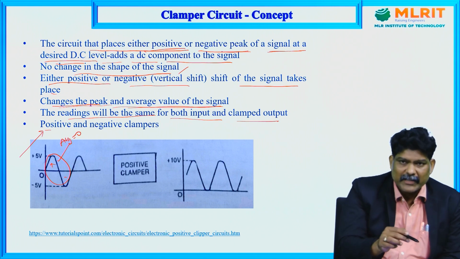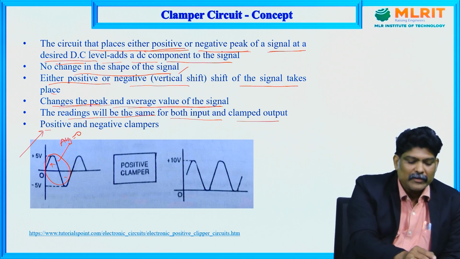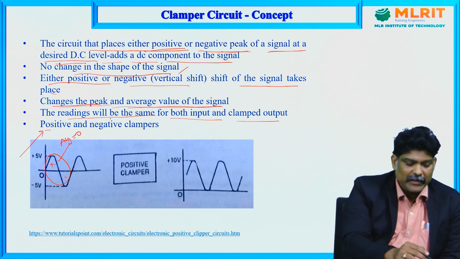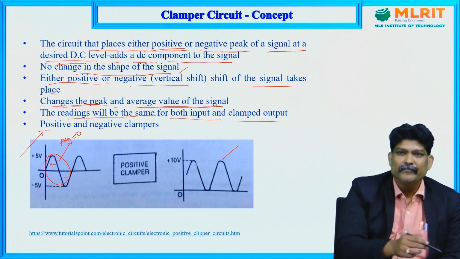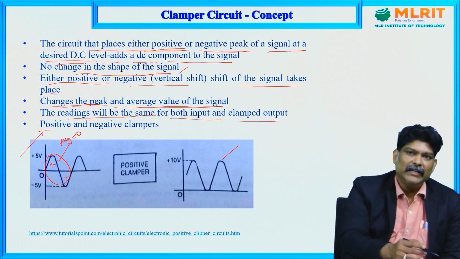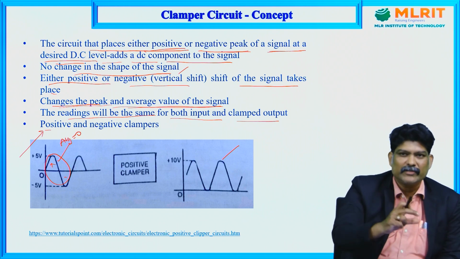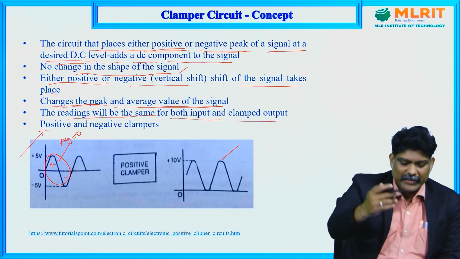If you measure with an AC voltmeter at the input side and the output side, both have the same value. Even after shifting the signal, the peak to peak value does not change. It only shifts to either the positive side or the negative side.